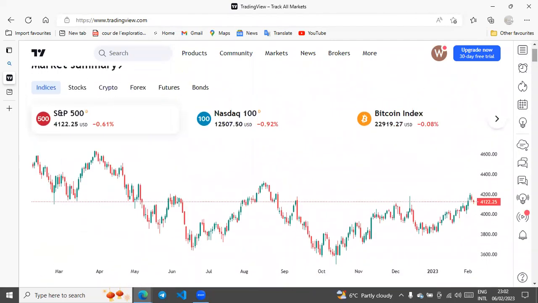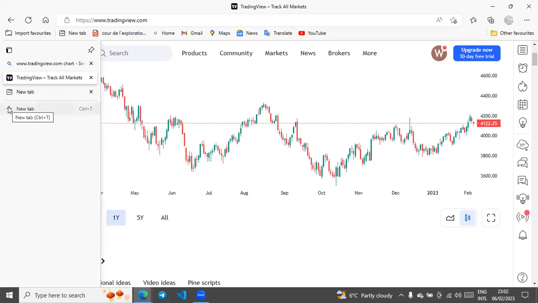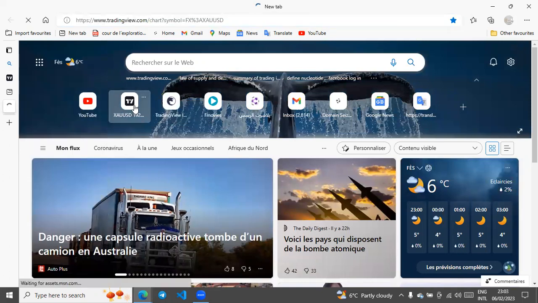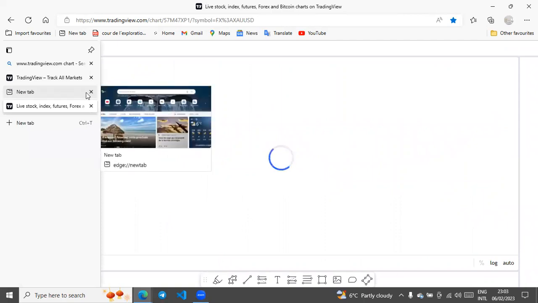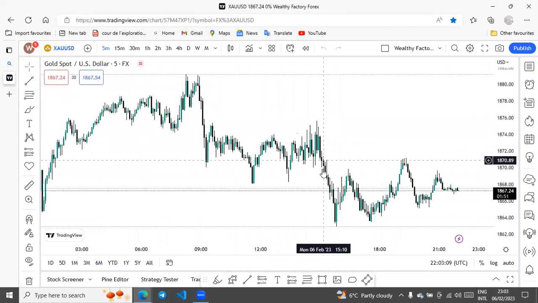On candlesticks, we now have the candles showing up on our TradingView. All right, let me use the one I've been using. Let's take this one. All right, so this is our TradingView.